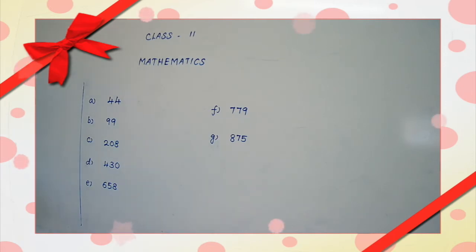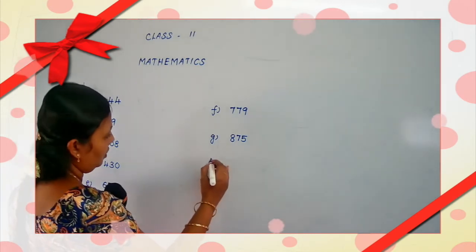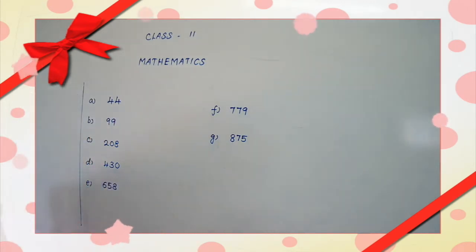We want to write the after number, which means the next number. See the H one. 61.